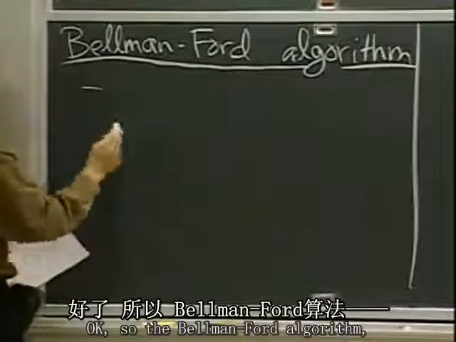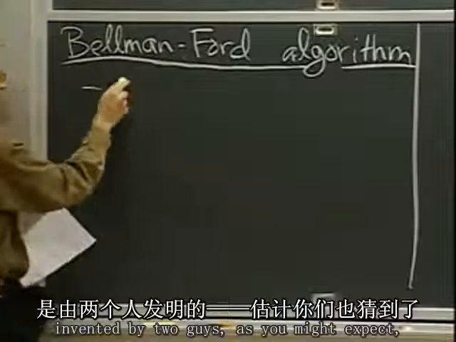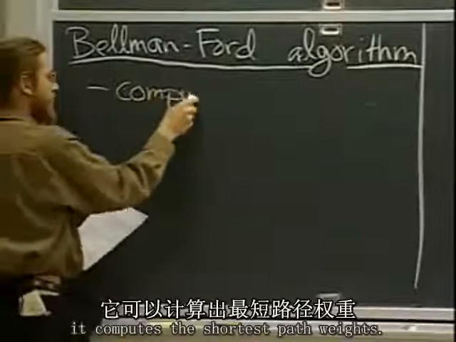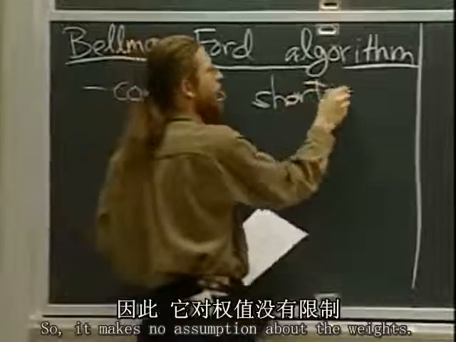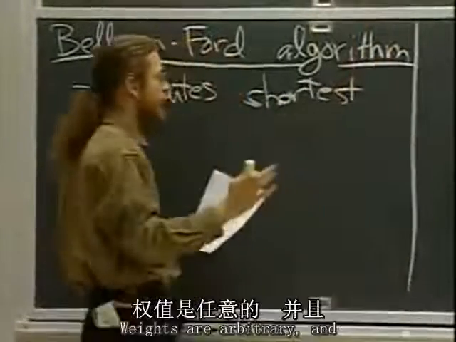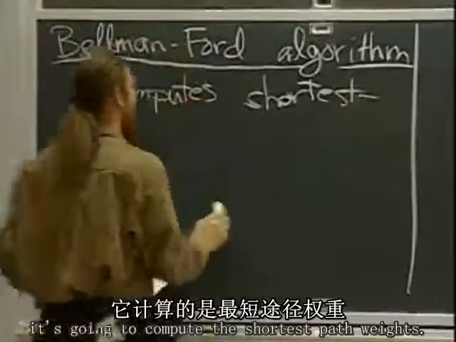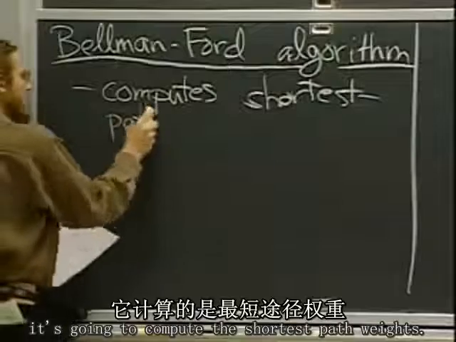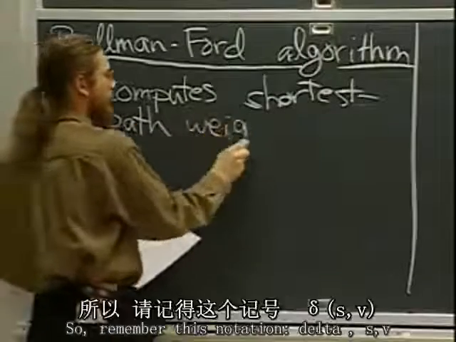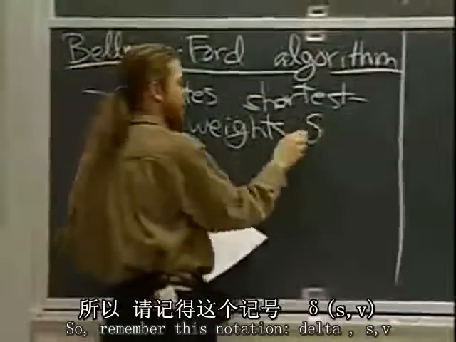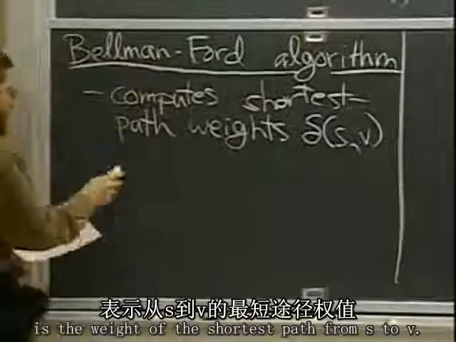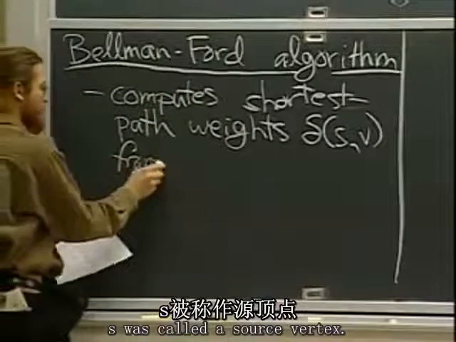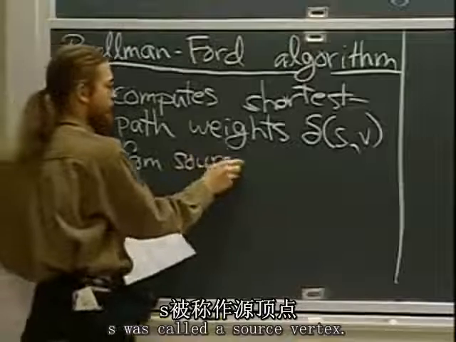Okay, so the Bellman-Ford algorithm, invented by two guys, as you might expect, computes the shortest path weights. So it makes no assumption about the weights. Weights are arbitrary. So remember this notation. Delta of S comma V is the weight of the shortest path from S to V. S was called a source vertex.